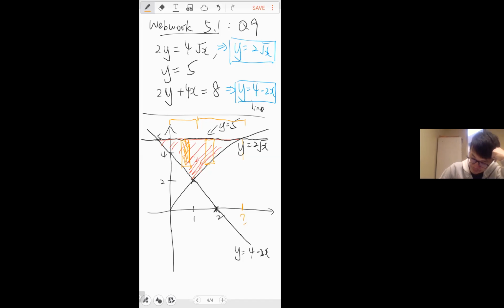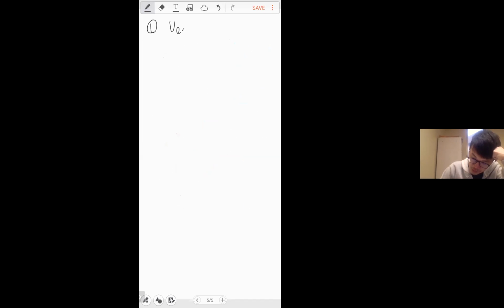Okay, I'm going to write this down. If I do vertically, the area I need to do from 0 to 1. So the variable would be in terms of x, right? For vertical, it would be in terms of x.